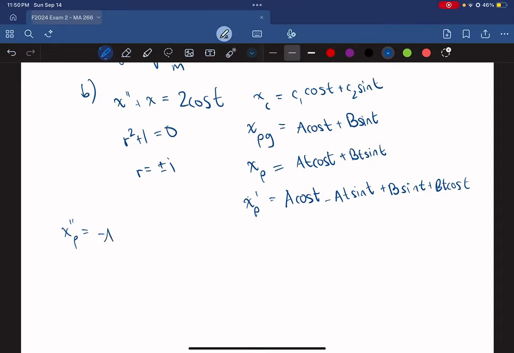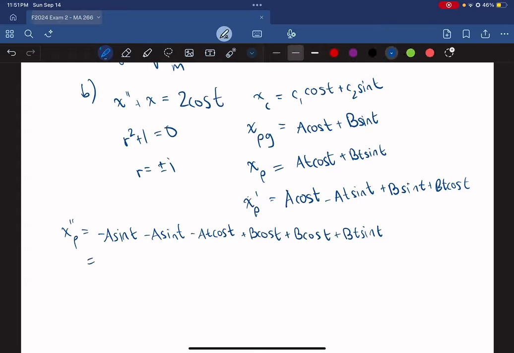We have negative a sine t minus a sine t minus a t cosine t plus b cosine t plus b cosine t plus bt sine t. And well, I guess it wasn't that long.